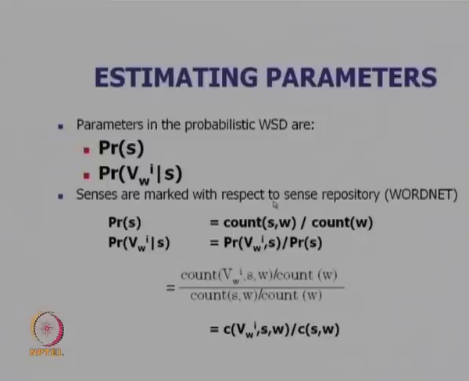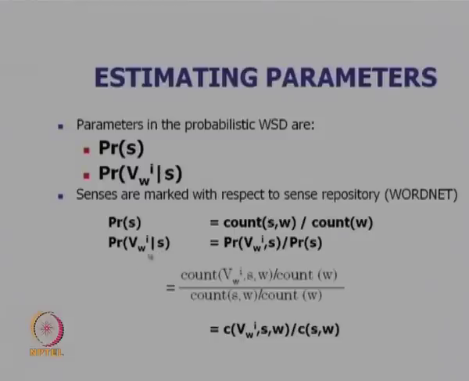Senses are now marked with respect to the sense repository, which is the WordNet. Now, the probability of S, how do we get this probability? Probability of S will be equal to the count of S and W divided by the count of W.